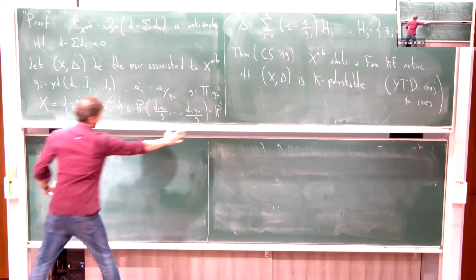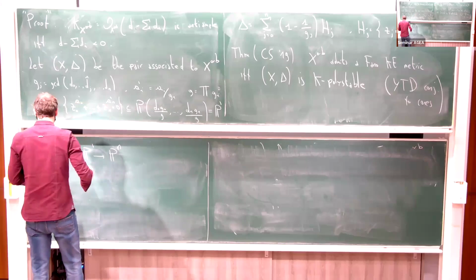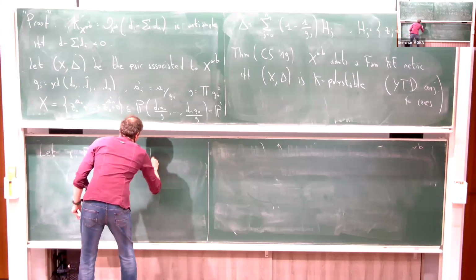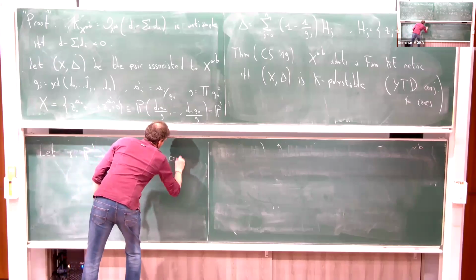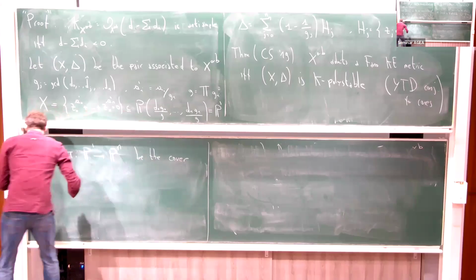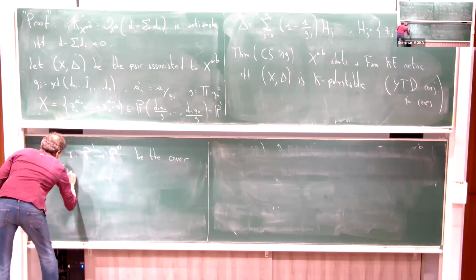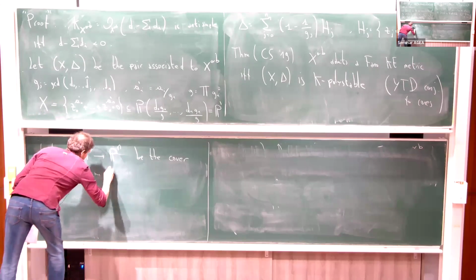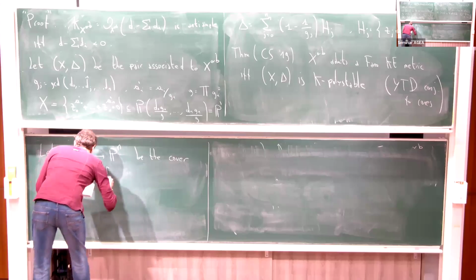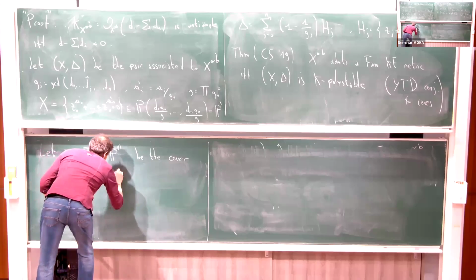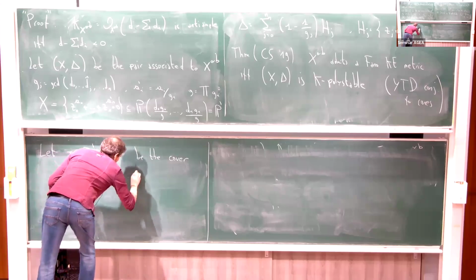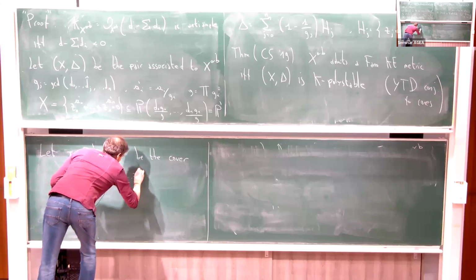This P prime is our weighted projective space, and there is this Galois cover that sends a point there to the powers of it.